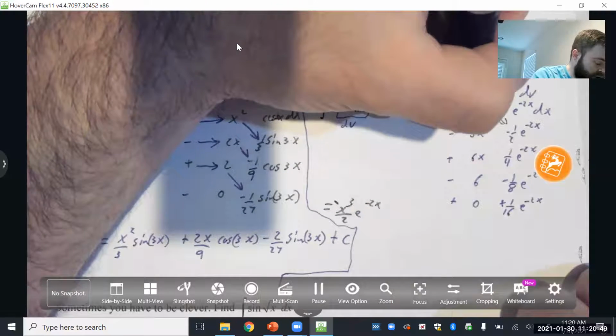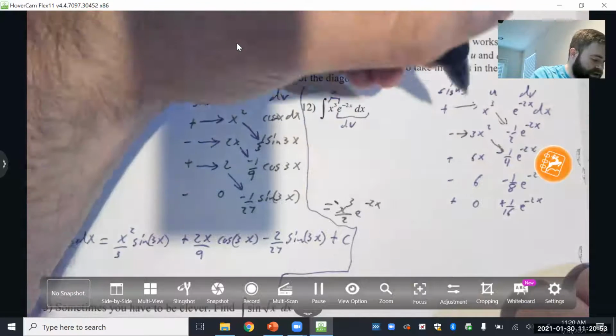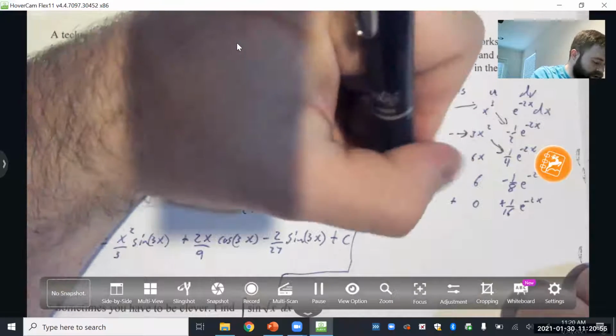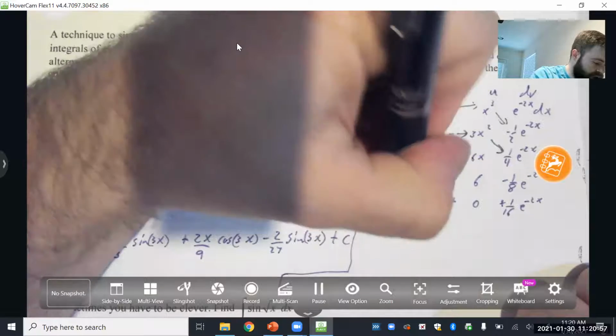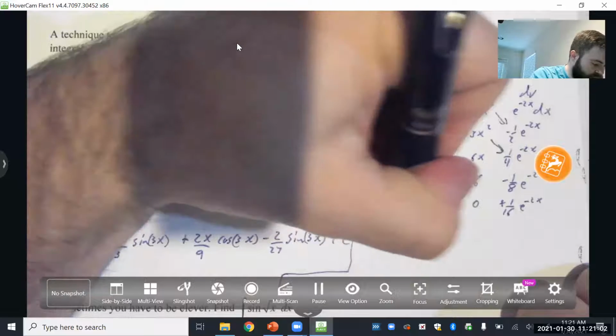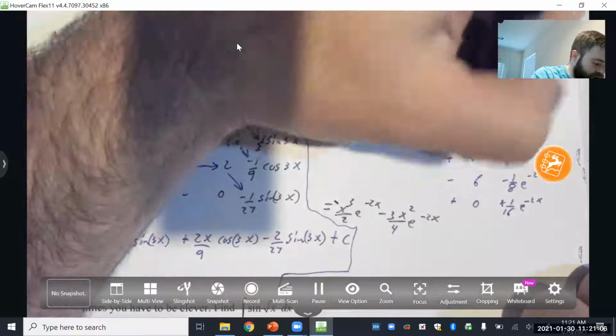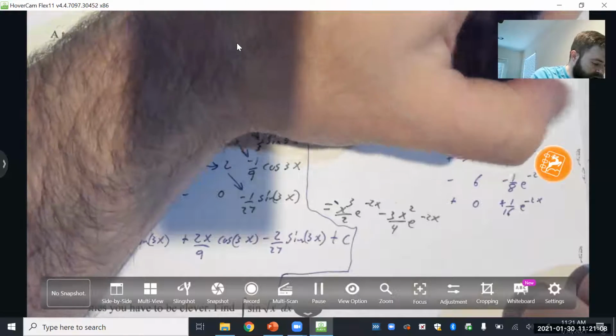And then again, start with the sign, go straight across, then diagonally down. So it'll be minus 3x squared over 4 e to the negative 2x. Then again, start with the sign, go straight across, diagonal down.